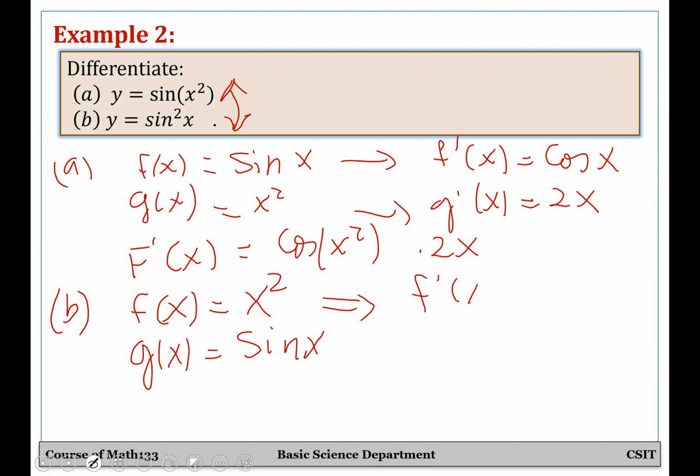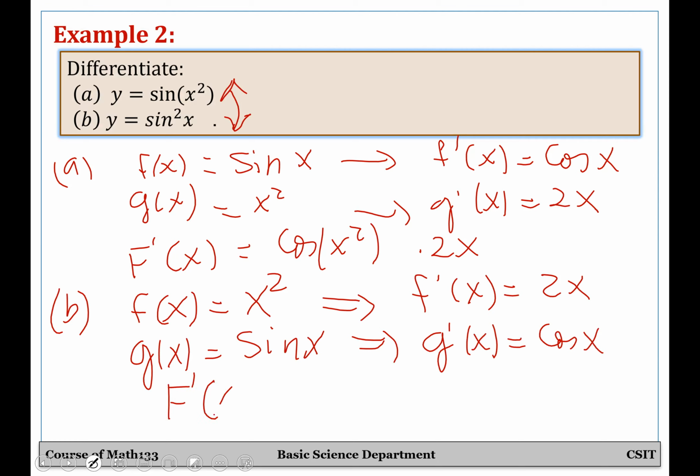So f prime of x is equal to 2x, and g prime of x is equal to cosine x. And you will see that the derivative will be different from the one in a. So it will be equal to 2 times the point g of x, so sine x, multiplied by cosine x. It's totally different from this one here.